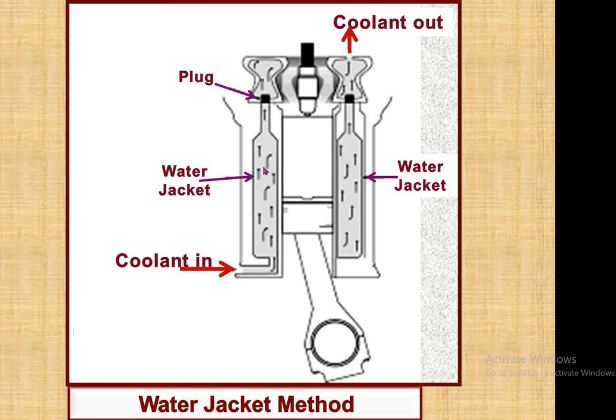On either side of the cylinder there are two water jackets, and through the water jacket coolant is introduced from the bottom, circulates inside the porous space of the water jacket, and then goes out from the top, and then again it may come in at the bottom, and thus it is circulated in a circulation fashion. This is the water jacket method.